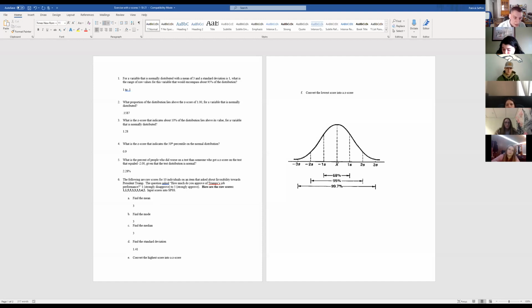On part E, I'm asking you to convert the highest score into a z-score. If we recall, the z-score formula is the raw score, so the highest score here would be a 5, minus the average score, which is a 3, divided by the standard deviation.